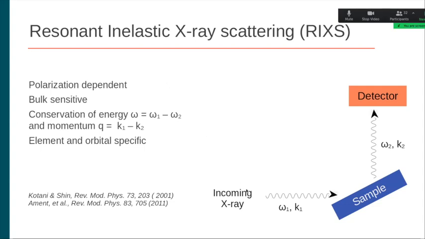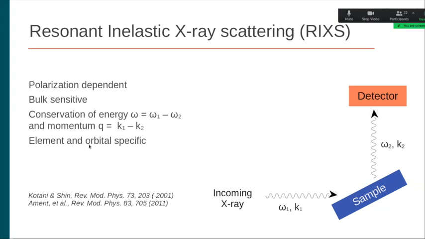And since we are working in the X-ray regime, soft or hard X-rays, this technique provides bulk information because these rays can penetrate quite deep into the sample. And because it is an inelastic scattering, there is some transfer of energy from the incoming photon to the sample. And of course, there is conservation of energy and momentum in the whole process.